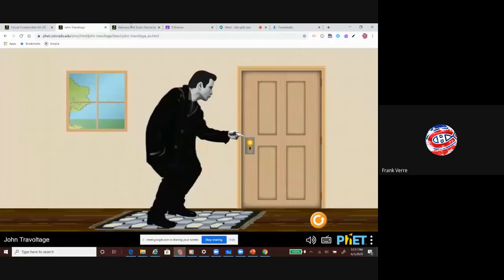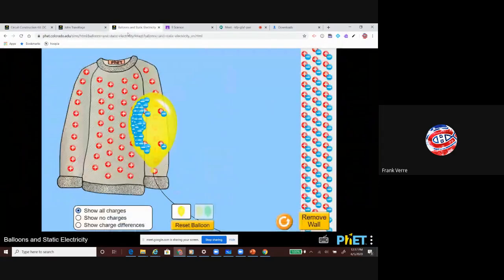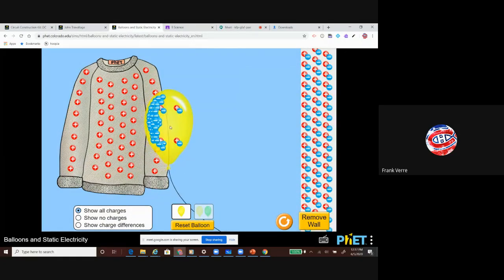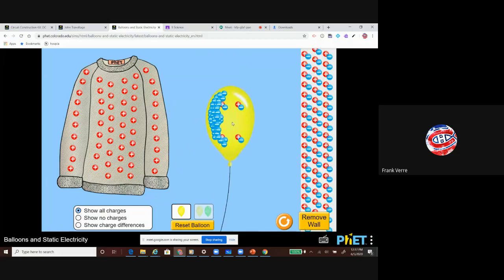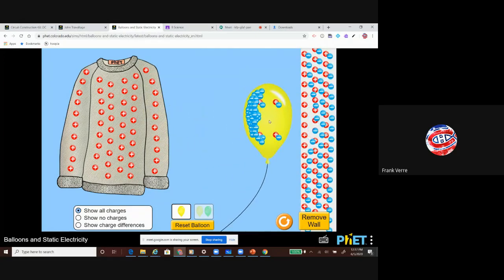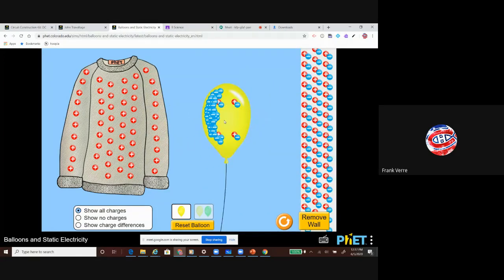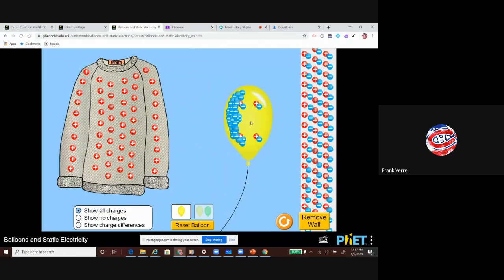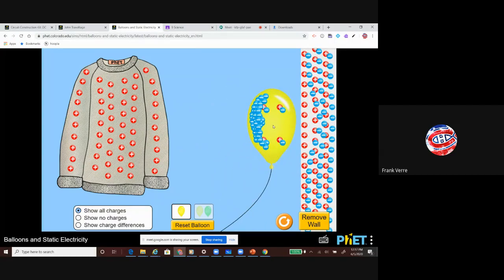So if I go back to the animation with the balloon, you'll notice something really interesting when I move this balloon towards the wall. The balloon is negatively charged, right? You can see that as I move it towards the wall, the electrons get pushed away from the balloon, right?